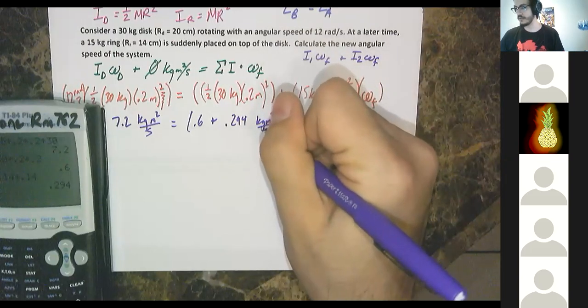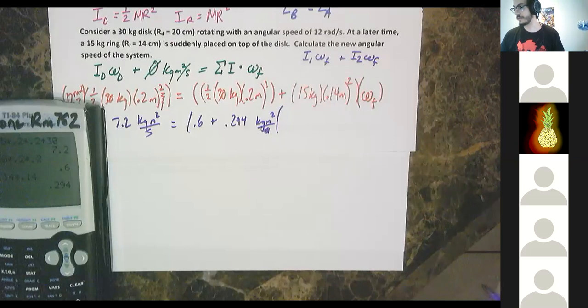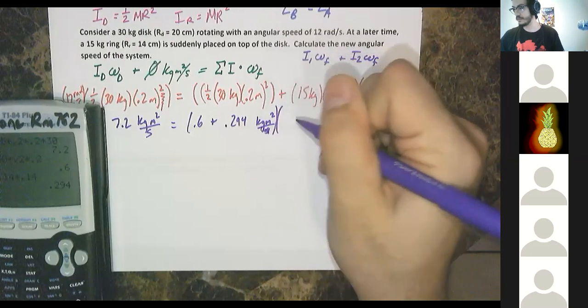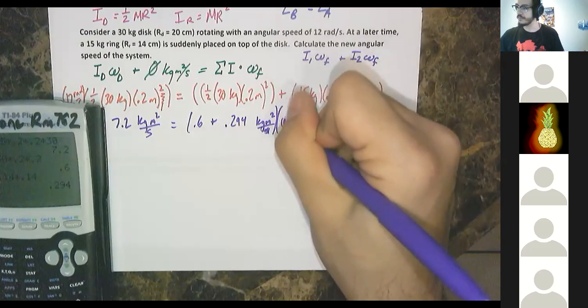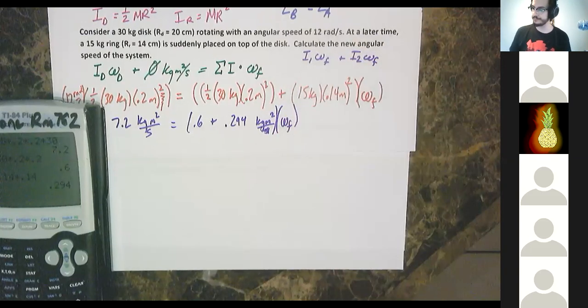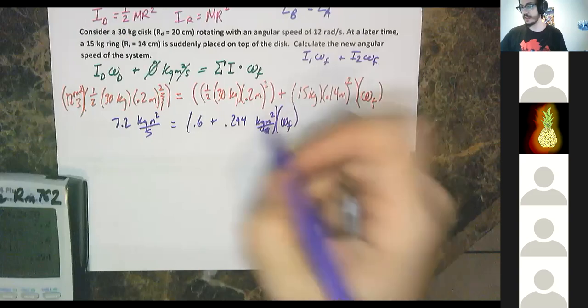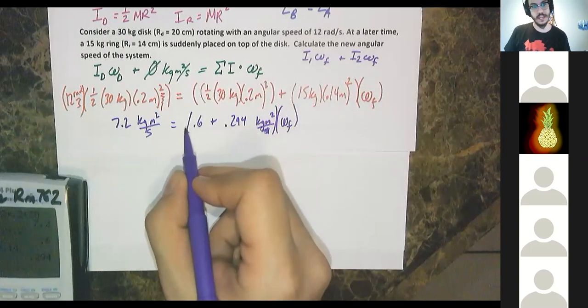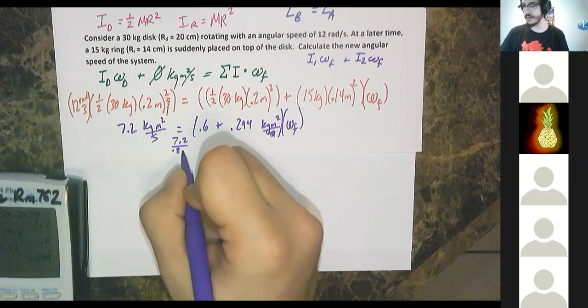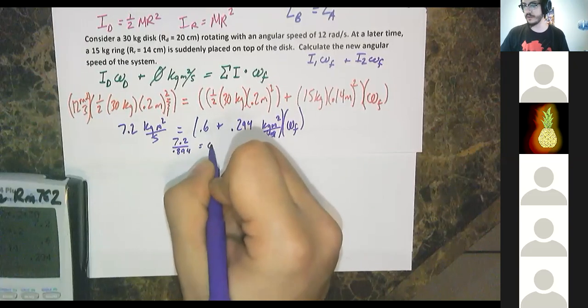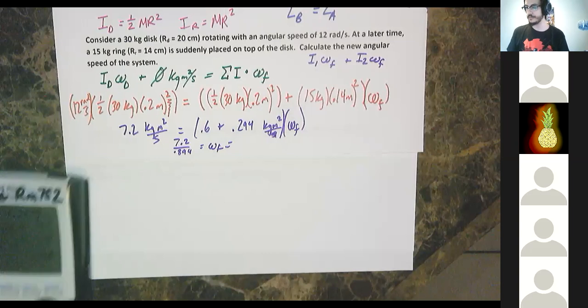I guess that's just kilogram meters squared, times our final velocity. Adding these together is going to be 0.894. So it should be 7.2 divided by 0.894 is our final velocity.